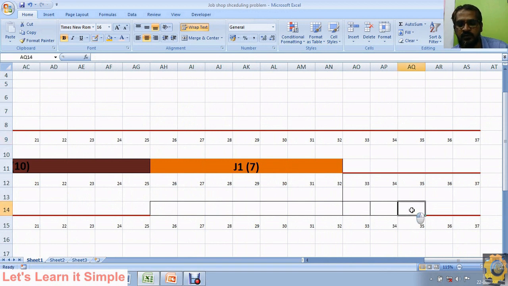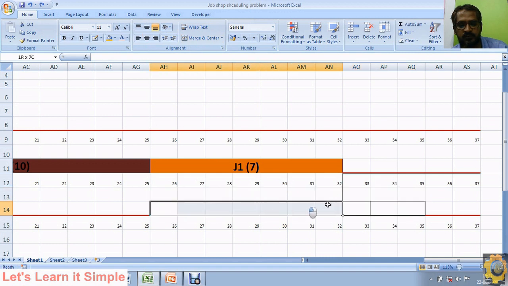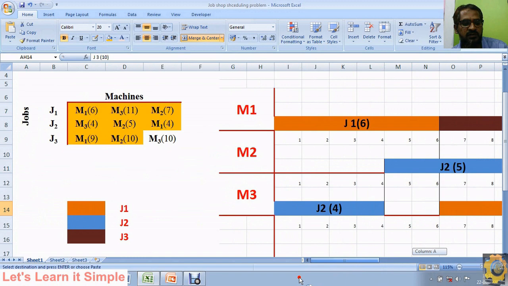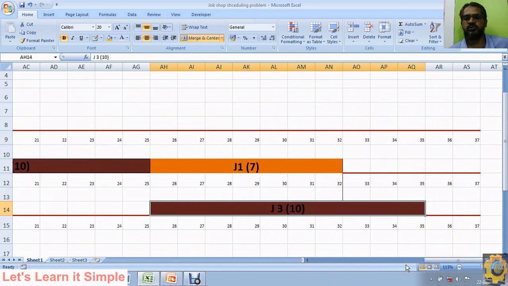Okay. So I can merge, font, other things you can do. That is job 3 on M3, that is also 10.